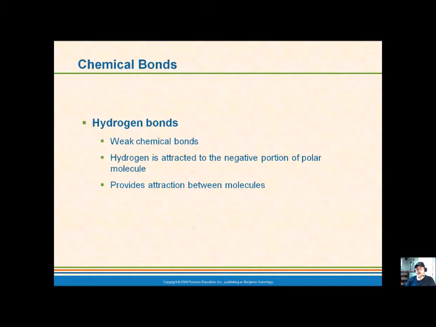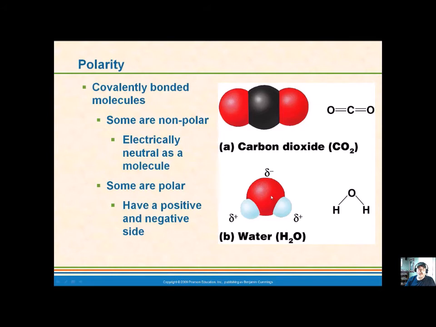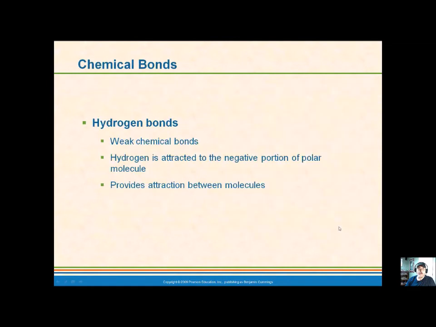Hydrogen ions are actually a byproduct of polar covalent bonds. Because what we look at here is this is slightly negative, this is slightly positive. So what can happen is the negative end of another water molecule can tuck in here and stick a little bit to the hydrogen on the other side.